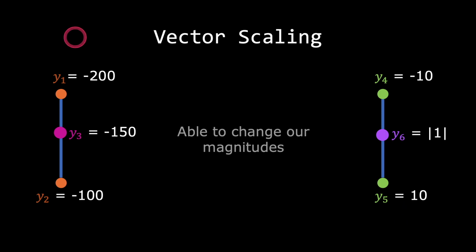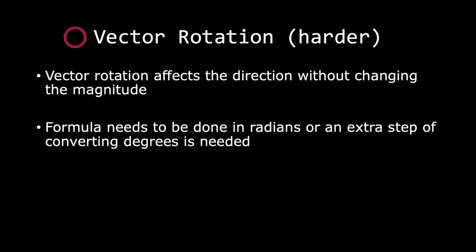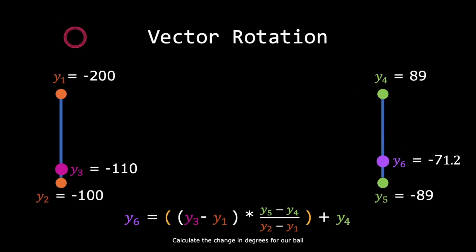Now, let's take a look at vector rotation, which is slightly harder to implement mathematically, but just slightly. First, vector rotation affects the direction without changing the magnitude. Keep in mind that our formula needs to be done in radians, or an extra step of converting degrees to radians is needed. In this case, we can do the same thing.